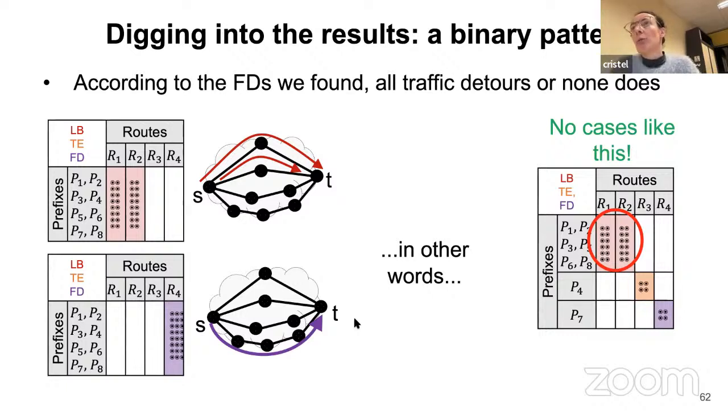And then we looked a bit more deeply into the results to try to understand, when we see forwarding detours, because I said we only look at big forwarding detours, whether we might be discarding small forwarding detours, like traffic engineering and things like that, that are very common.